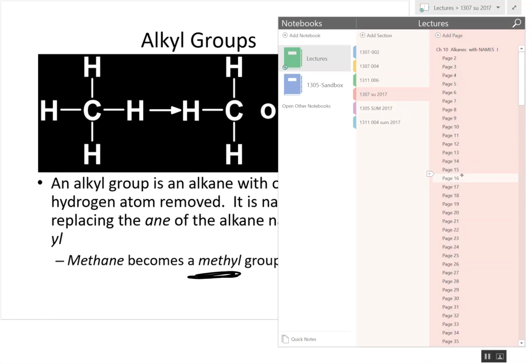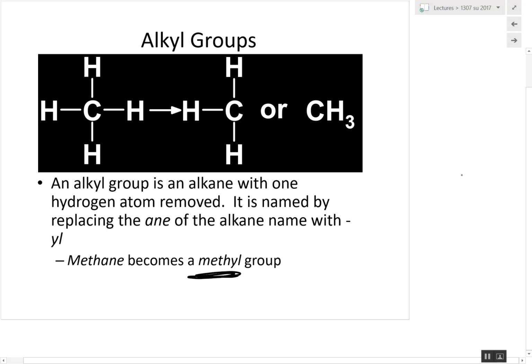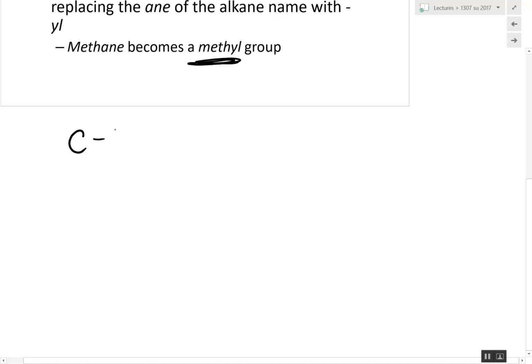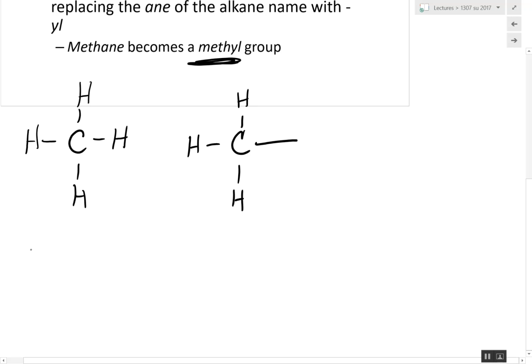Okay, now we have to learn, probably, 6 alkyl groups before we can start applying this. We've already been talking about the methyl. Where does this come from? Well, if this is methane, and it is, a structural formula of methane, we're going to take off the ANE.